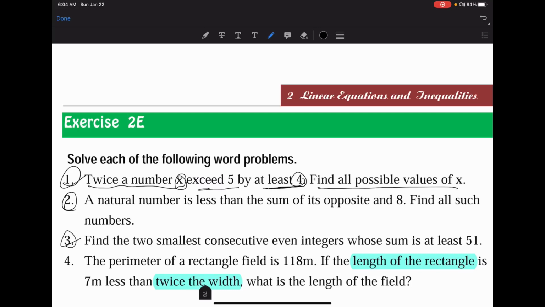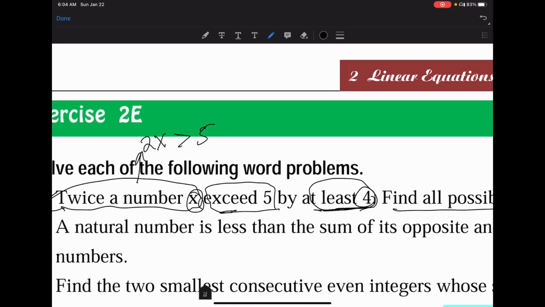Twice a number exceeds 5 by at least 4. Find all possible values of x. Twice a number x means 2x. 2x exceeds 5, so we could write 2x is greater than 5, but we are given additional information: it exceeds 5 by at least 4.